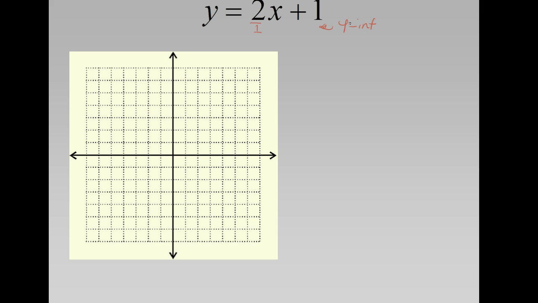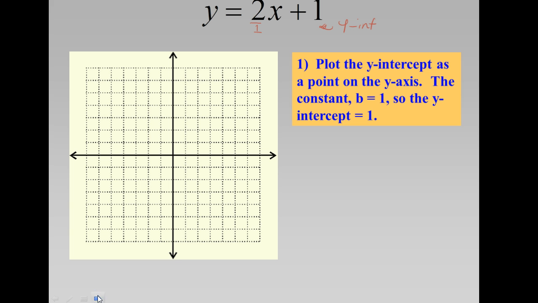So when we are graphing, first thing we want to do is to start at the y-intercept. So we go ahead and plot the point. Remember, our y-intercept is 1, so it's going to be positive 1 on the y.